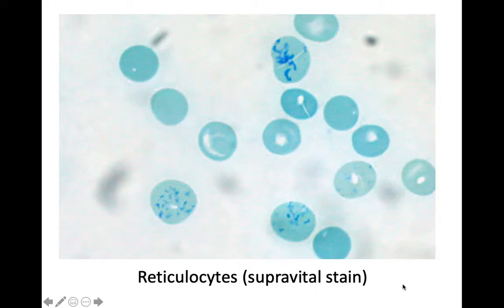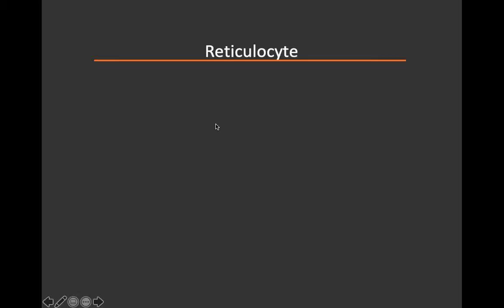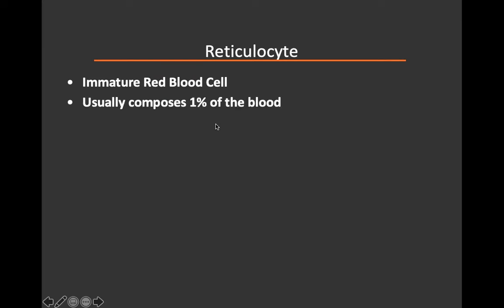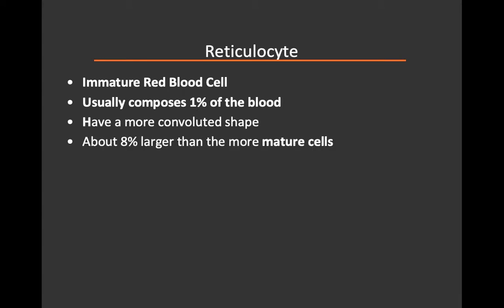So reticulocytes are these guys right here with this increased staining in comparison to red blood cells, normal erythrocytes. And so these are immature red blood cells. They usually compose about 1% of the blood cells overall, and they have more of a convoluted shape.